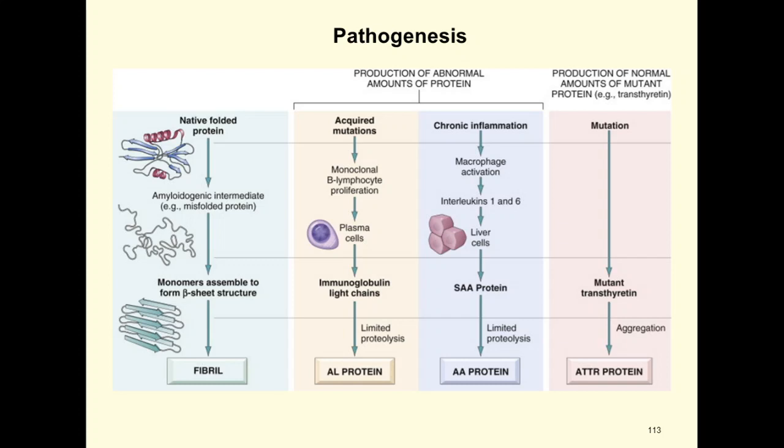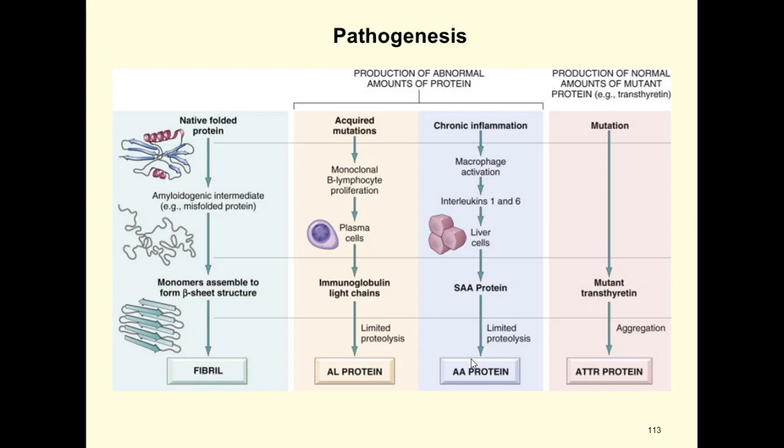So we have different types of amyloid. AL, the so-called amyloid light chain. Why? Because this protein is made up of complete immunoglobulin light chains.